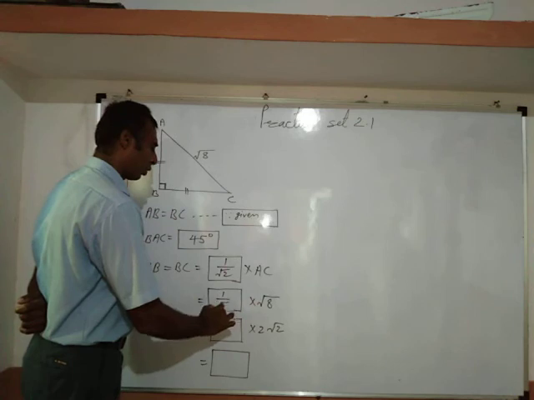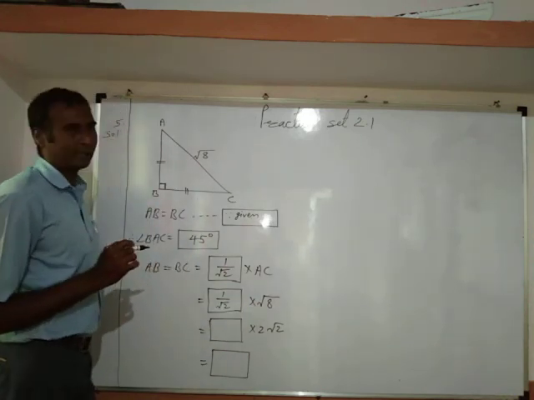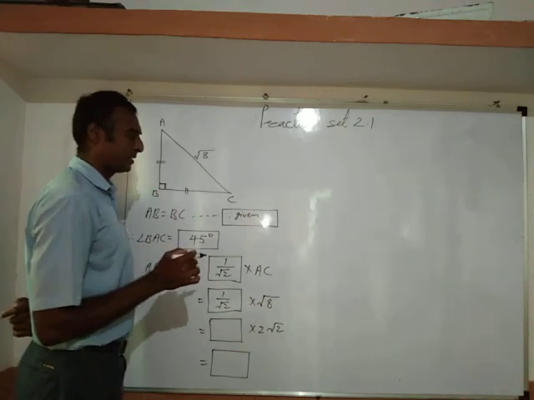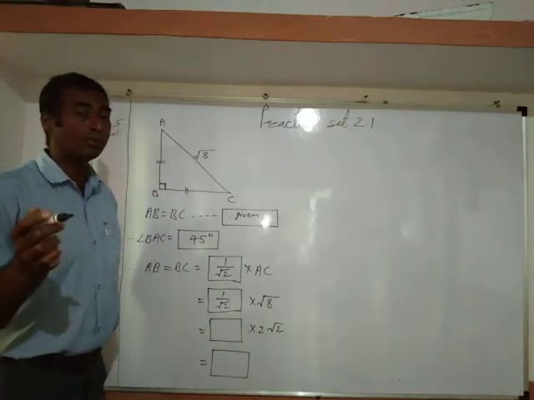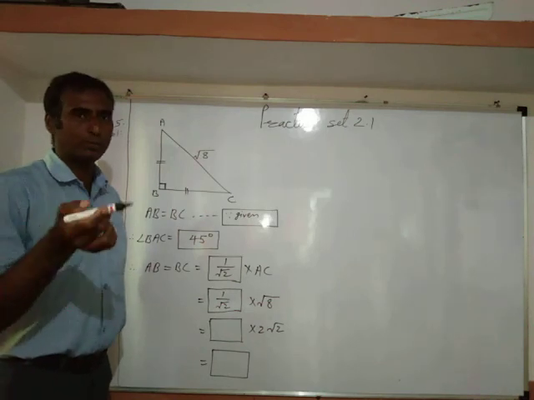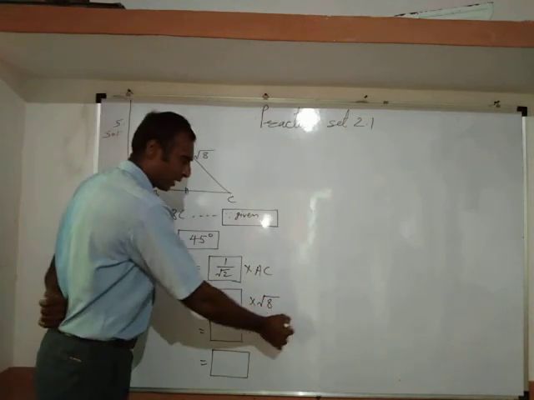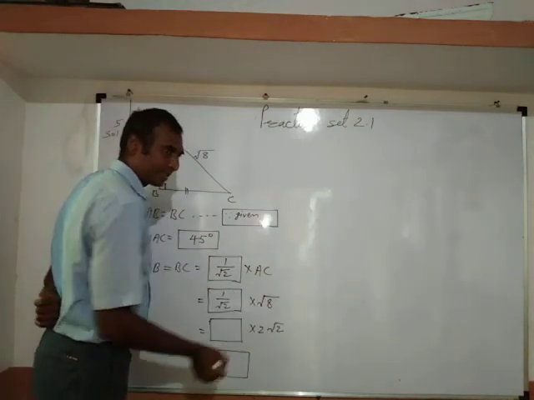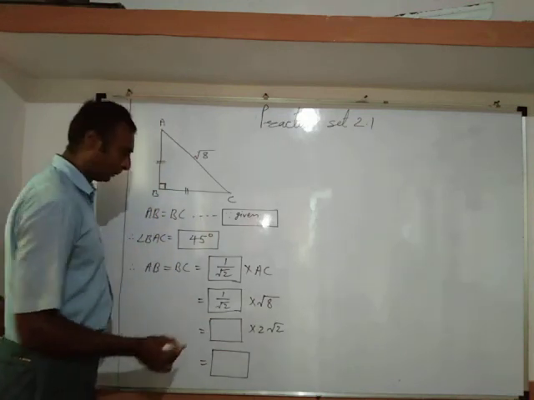Equals 1 upon root 2 into the length of AC, which is given as root 8, and root 8 is nothing but root of 4 into 2. Root of 4 is 2, and 2 is not a perfect square, that's why the second 2 will remain in the root. That's why root 8 is 2 root 2.